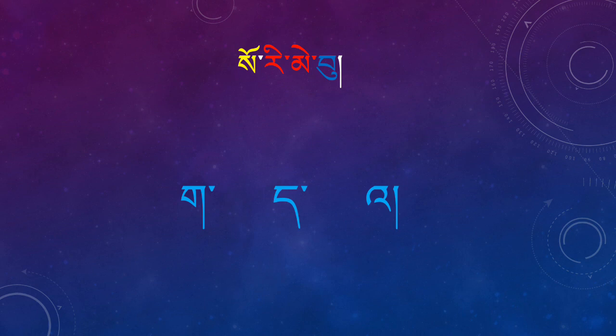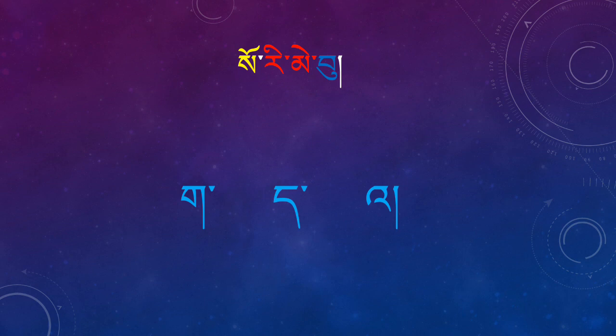All of them have the same color because all of them are low and long or aspirated letters. So the first one here is ka. Ka. The second one is ta.